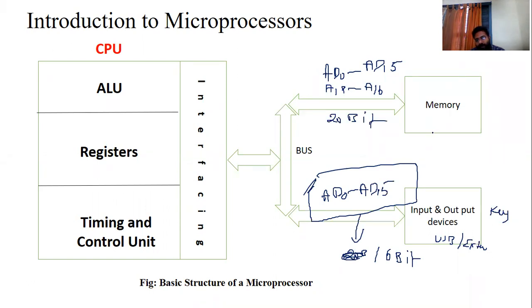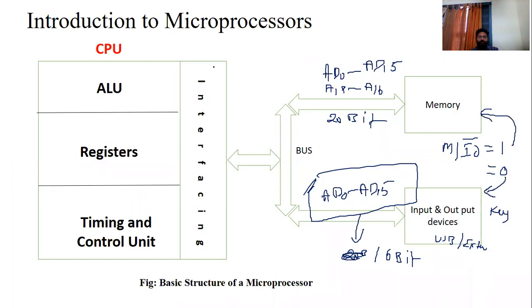So M by IO bar means whenever the microprocessor wants to connect to the memory, at that time it is equal to 1. Whenever the CPU wants to connect to the input output devices, at that time it goes to 0. 0 means input output devices, 1 means memory device.